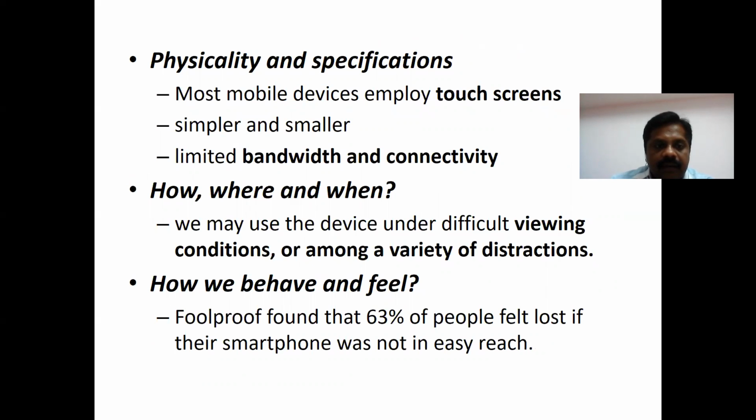Physicality and specifications affect how, where, and when we behave and feel. Everything is coming under this mobile. So without a mobile device, we cannot communicate with each other today. So like that, the world has changed.